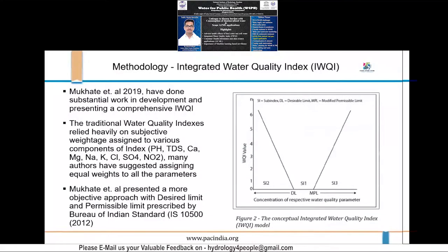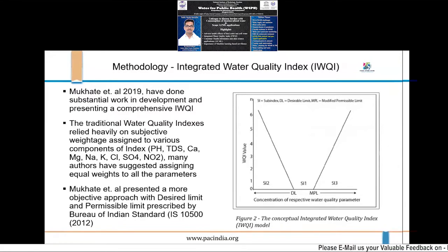Now, when we go to the integrated water quality index, a lot of work has already been done, the latest being Mukhate et al. They have done substantial work specifically in India, where they went through various quality indexes that already exist. They found that the problem is that these indexes had a subjective weightage assigned to various components like pH or TDS or minerals like calcium, magnesium, and so on.